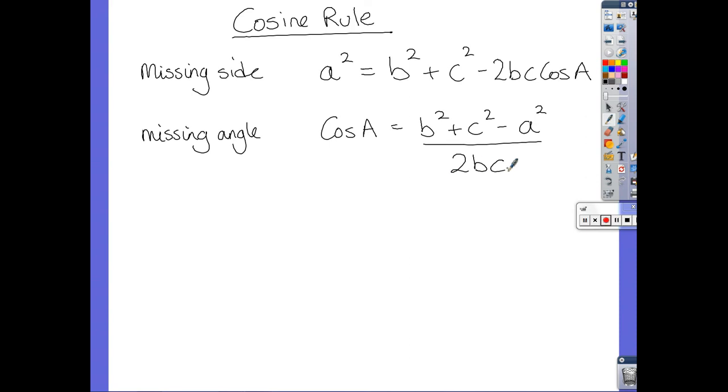Now they're basically the same formula, they've just been rearranged. So this top formula has been rearranged to give the second formula. The top one you're trying to find a, the bottom one you're trying to find angle A, so it's cos A. So we use these two formulas to again find missing sides and missing angles, and we'll have a look at some of those now.